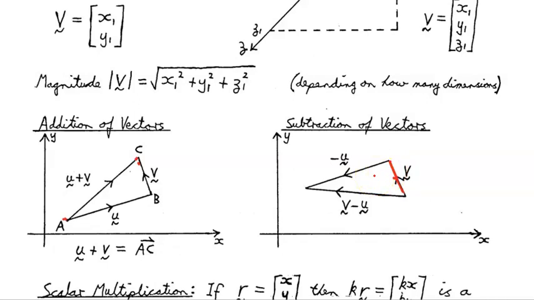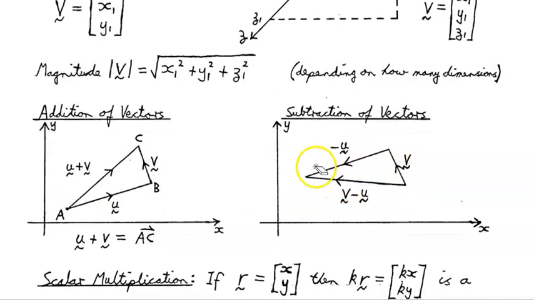That gives us a resultant vector, here we go, from v to u, and that is the sum of these two vectors, v plus negative u, which is v minus u. Geometrically, that's the process of adding and subtracting our vectors.